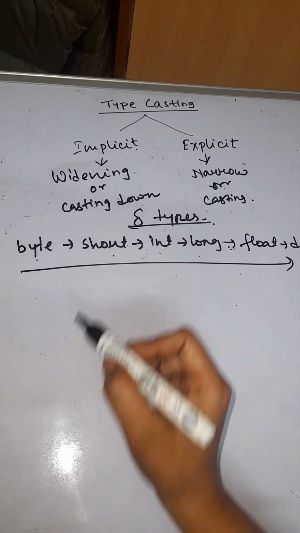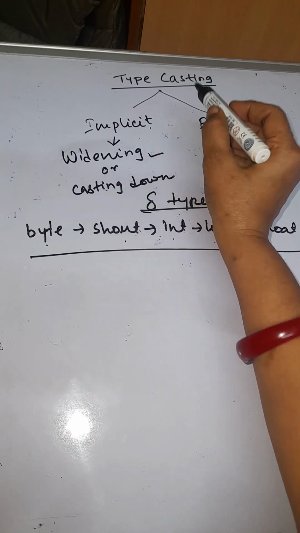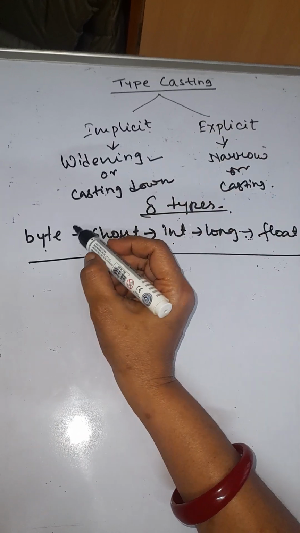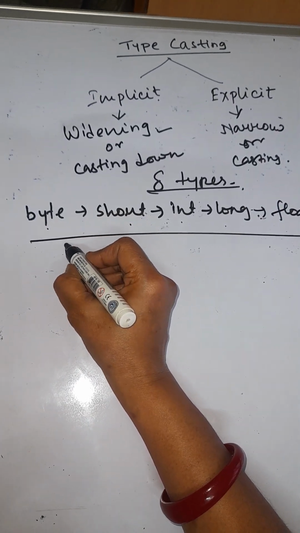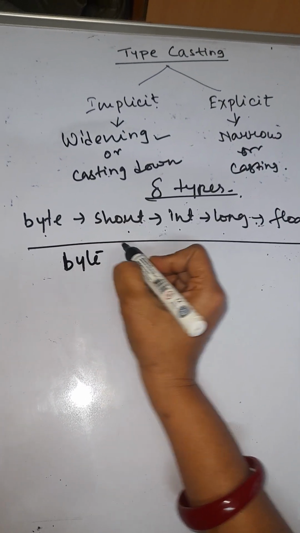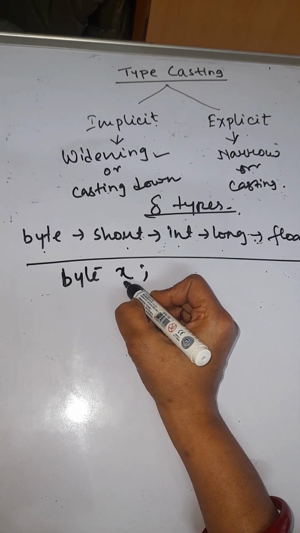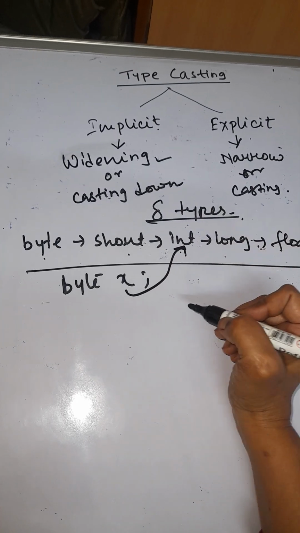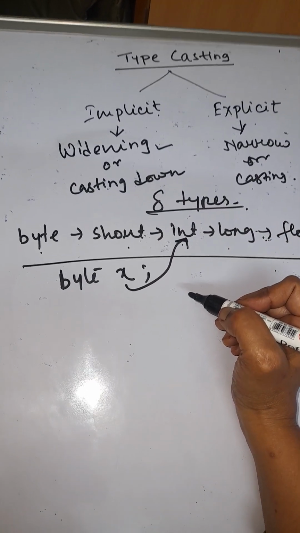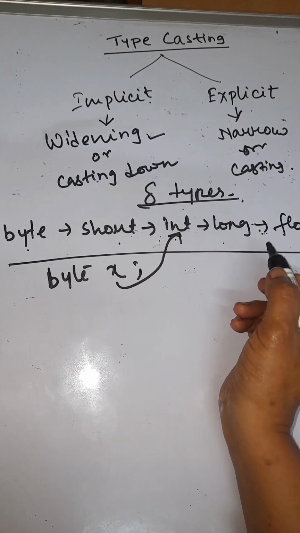So this is known as widening typecasting. Maybe I have one variable, byte x. If you want to convert x to integer, that is widening according to the size, so there is no loss.